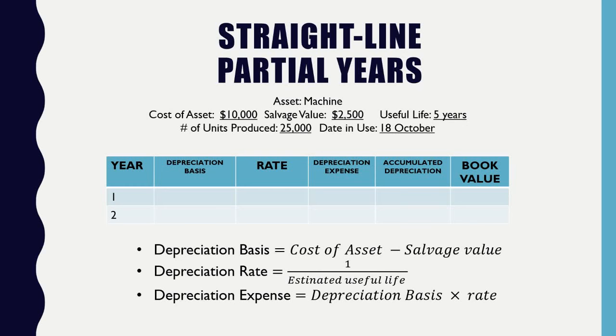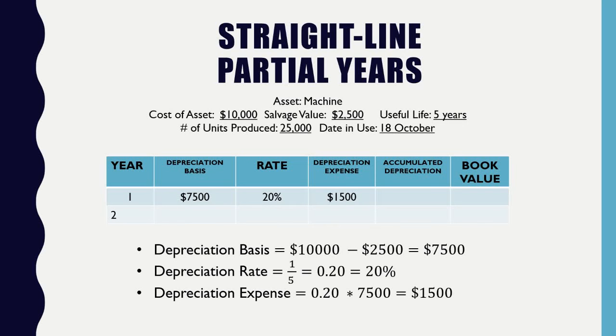We take the asset cost minus salvage, which gives you 10,000 minus 2,500, so that gives you 7,500. All right. What's my rate going to be? 20%. So therefore, my first year's depreciation expense is what? It would be 1,500. So that's just for the first year.